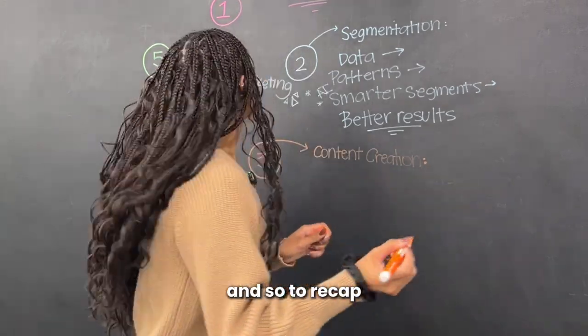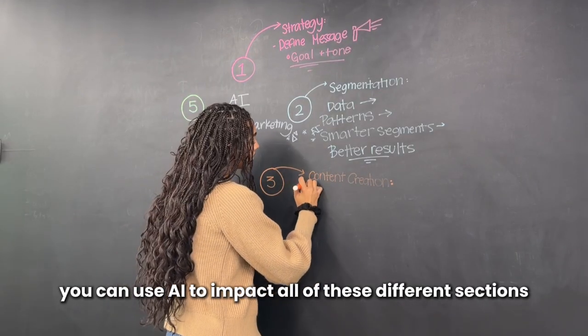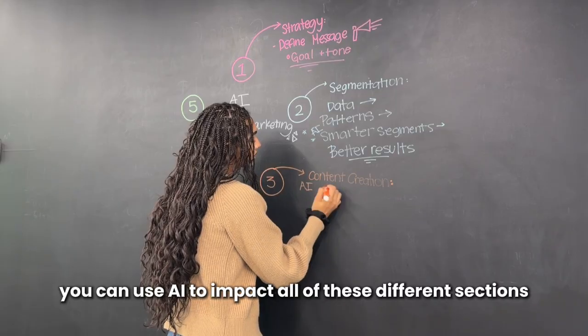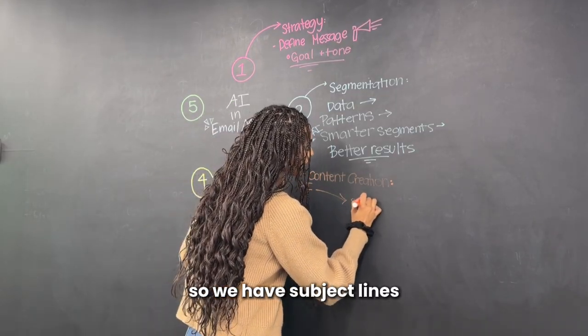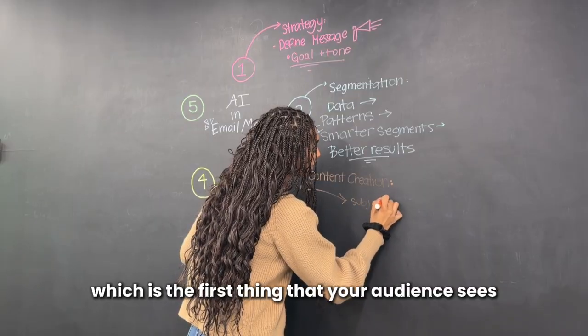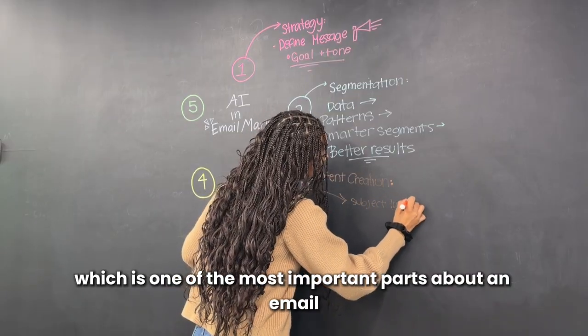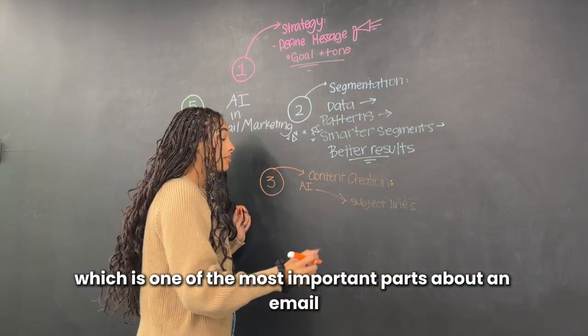And so to recap, you can use AI to impact all of these different sections. So we have subject lines, which is the first thing that your audience sees, which is one of the most important parts about an email.